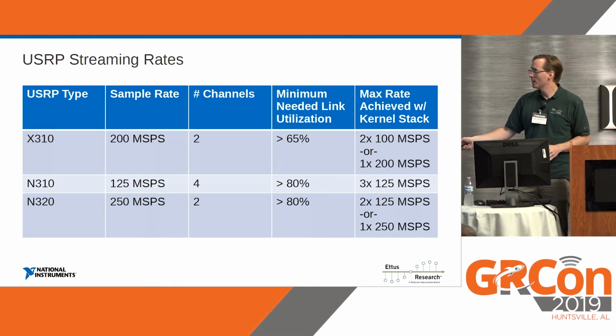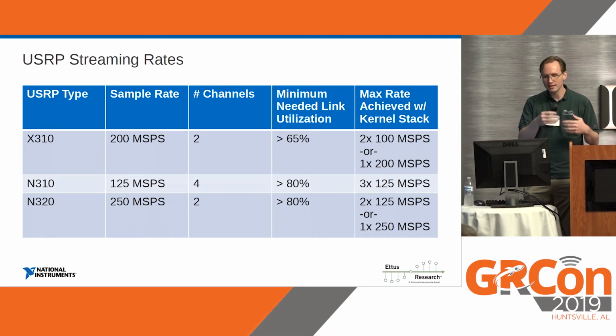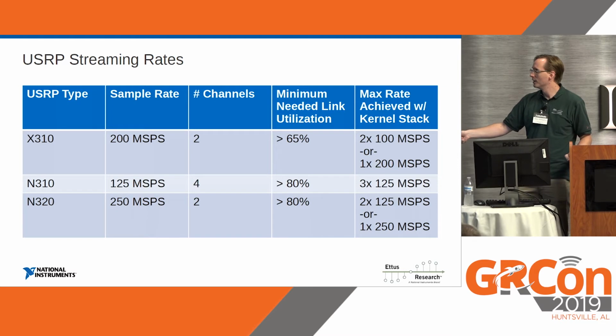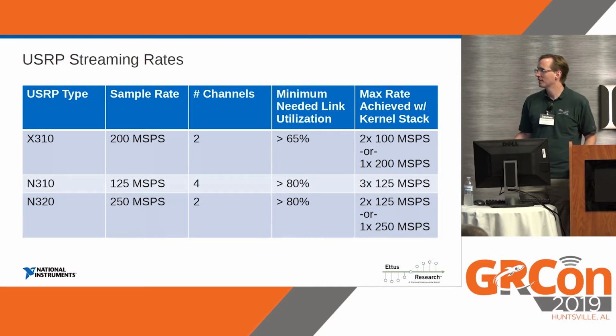Right here, this gives you an idea of how well we do with the defaults that we've got and the usual kernel-based network stack. And you can see that we hit roughly half of the best performance for the N320 for TX. So how can we do better?